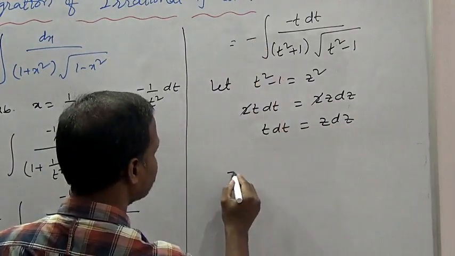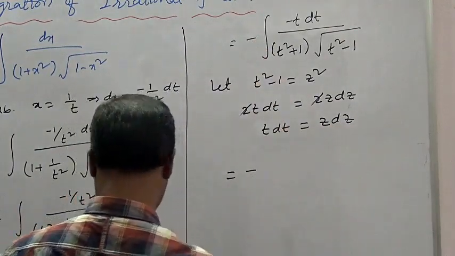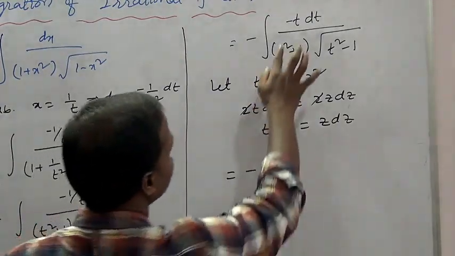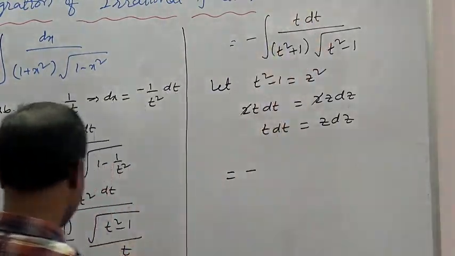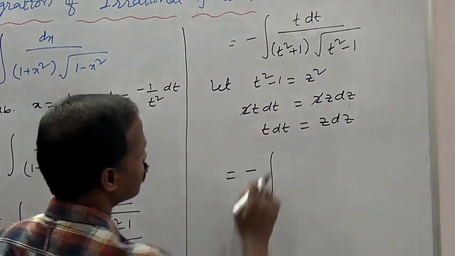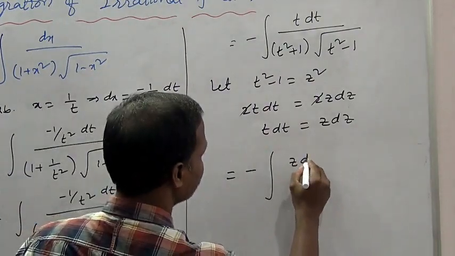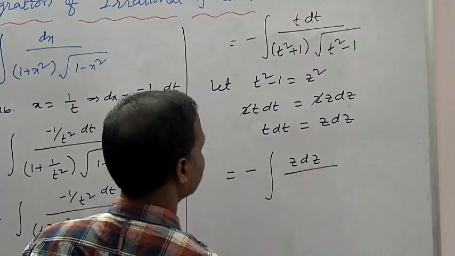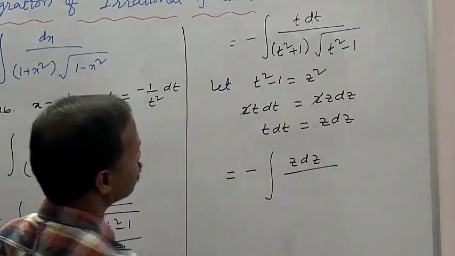So the problem becomes minus integral z dz by t square plus 1.